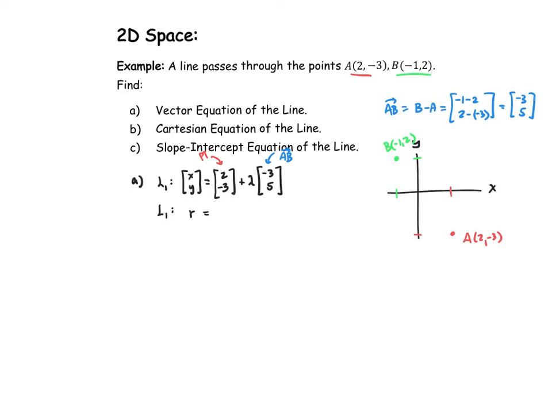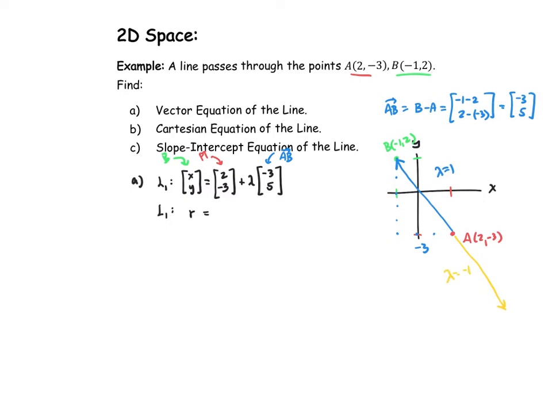So what this direction vector from A to B would equal is we started at A, we headed in this direction, 1, 2, 3 units left, and 1, 2, 3, 4, 5 units up. So if lambda equals 1, we would end up here at B. Now we could change lambda. Lambda could be -1. If lambda was -1, this vector would head the same distance in the opposite direction. This would be lambda equals -1.